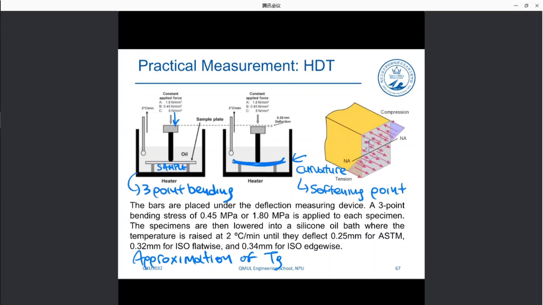It's interesting. It's easy, but in an academic environment, you cannot use heat deflection temperature in order to say, okay, I've measured the glass transition temperature.